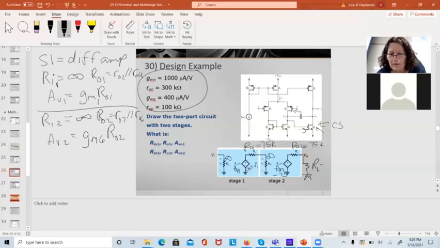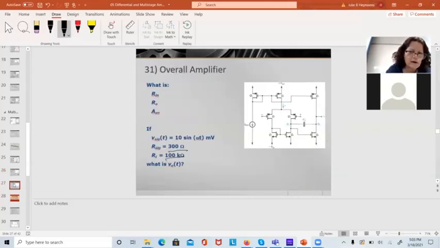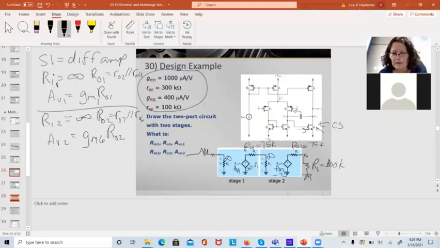This was 100K. This is 300 ohms. And this is my signal input, VN. Can I go through that circuit, calculate the voltage dividers, and figure out what's going on?